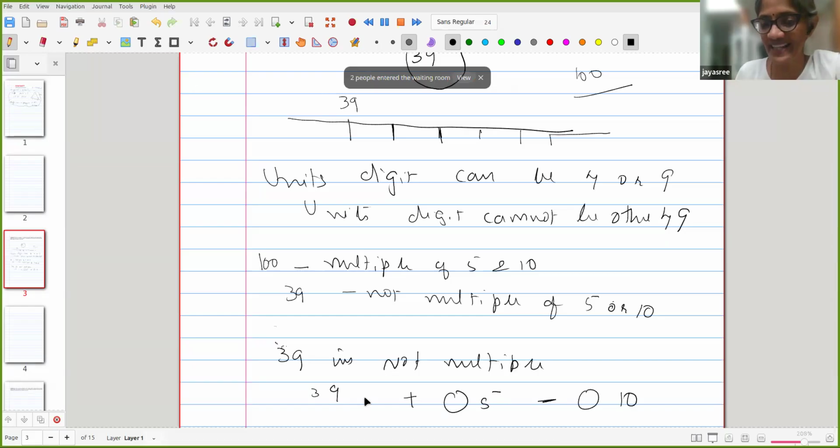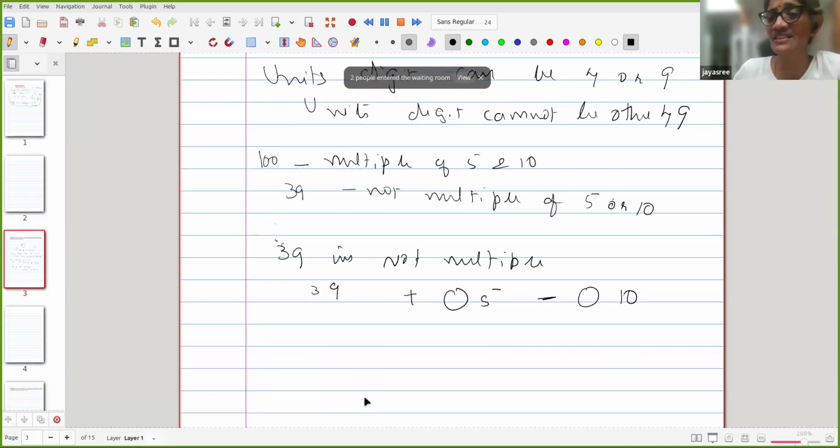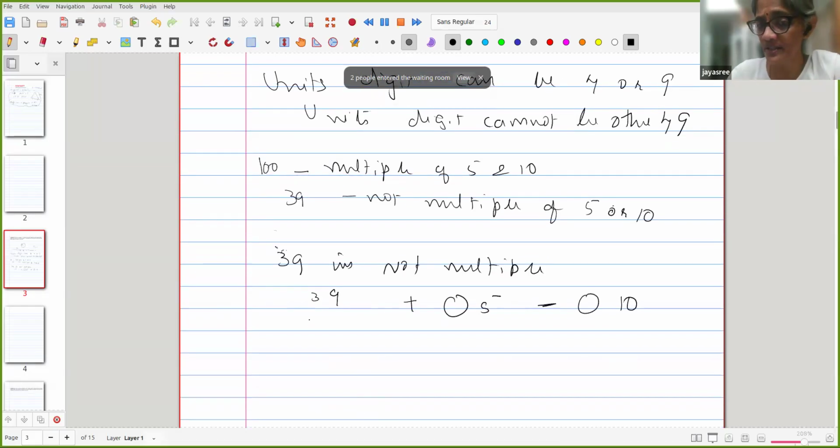So let me ask, what is the remainder when 39 is divided by 5? 4, right? 39 gives a remainder 4 when divided by 5.